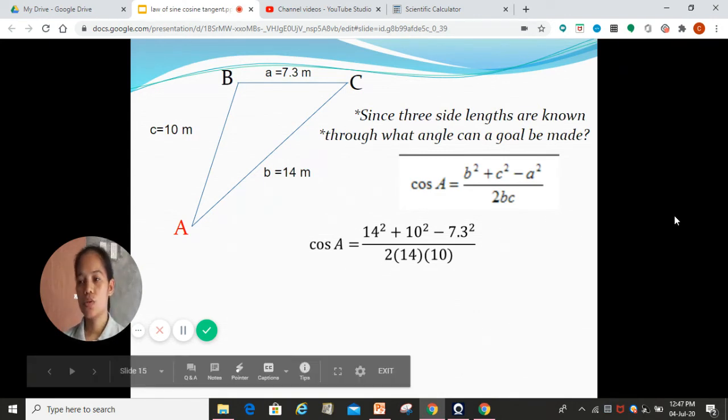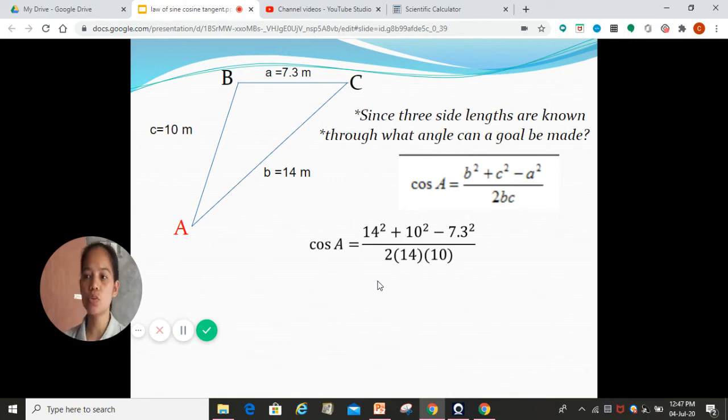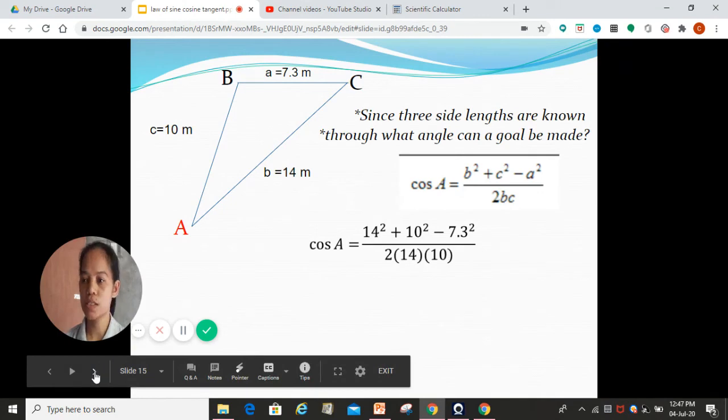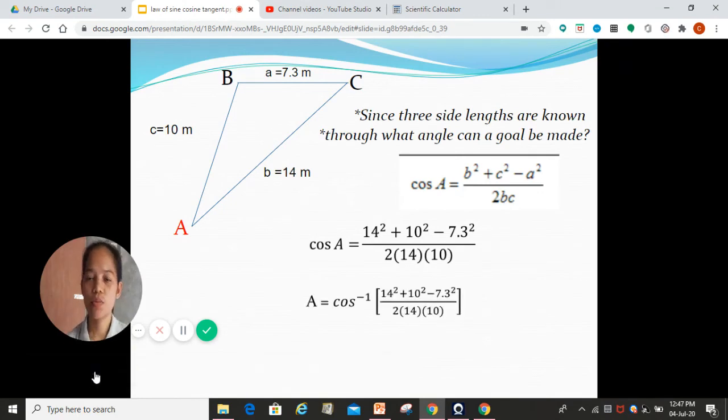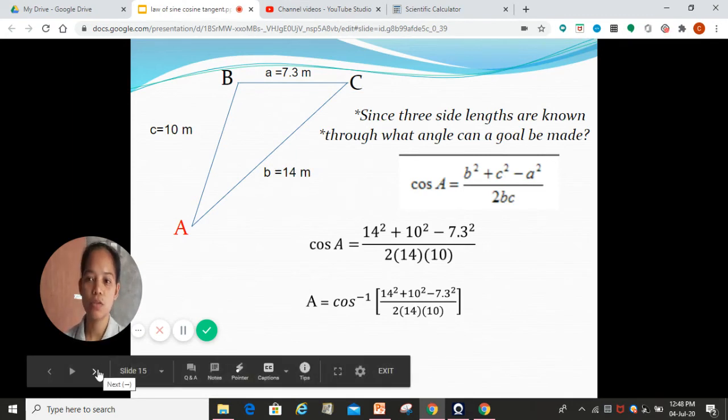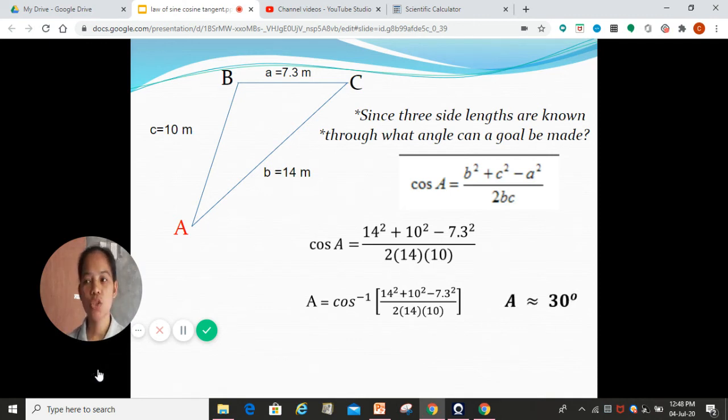You can see it here: 14 squared plus 10 squared minus 7.3 squared all over 2 times 14 times 10. And we have A equals cosine raised to negative 1. Again, this time you can use your calculator and enter the data. Upon doing that, you should have an answer of approximately 30 degrees Celsius.